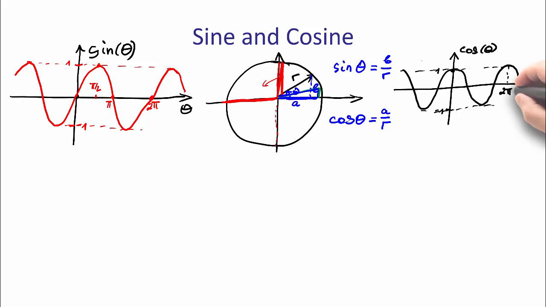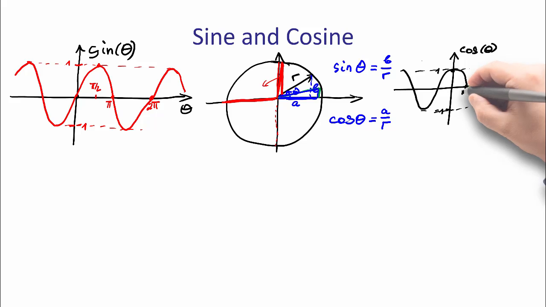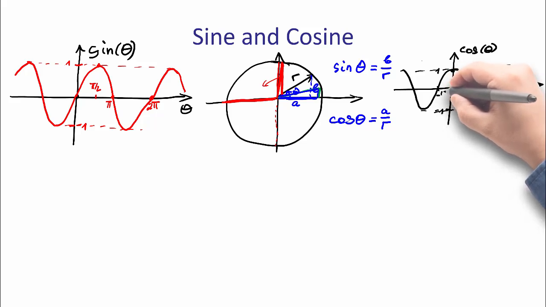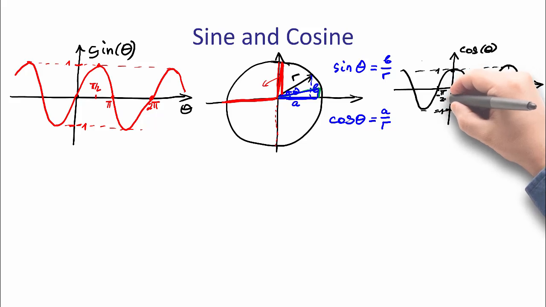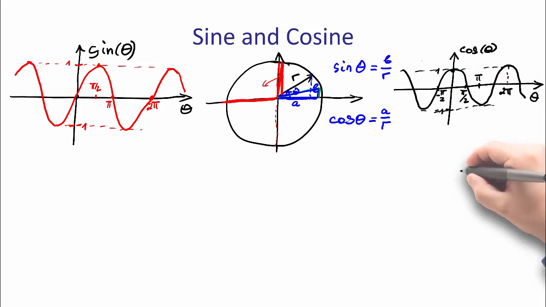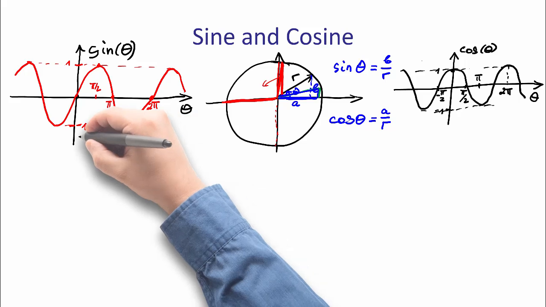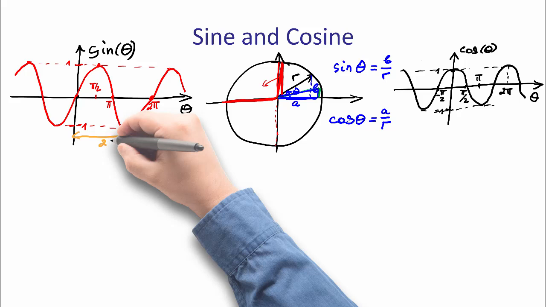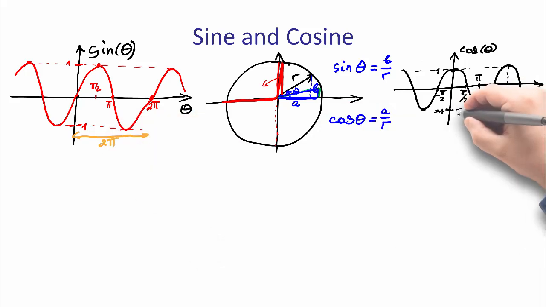After 2 pi it will repeat itself. So here you have pi, here you have pi half, and so on. Minus pi half. So as I mentioned, the period for both of those functions is 2 pi. Here and also there.